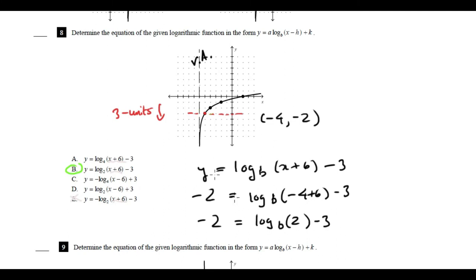That's going to give me 0, and adding 3 to -2 gives us 1, and then we have a really easy log to evaluate. The base required here has to match that input, so our base is 2. Or go to exponential form: the base to the power of 1 must equal the input, so we know our base is 2. So of course we already knew this, but now we've doubly confirmed that our correct answer here is letter B.